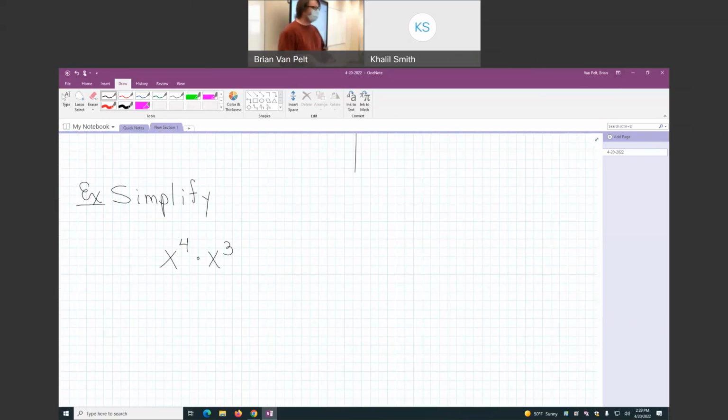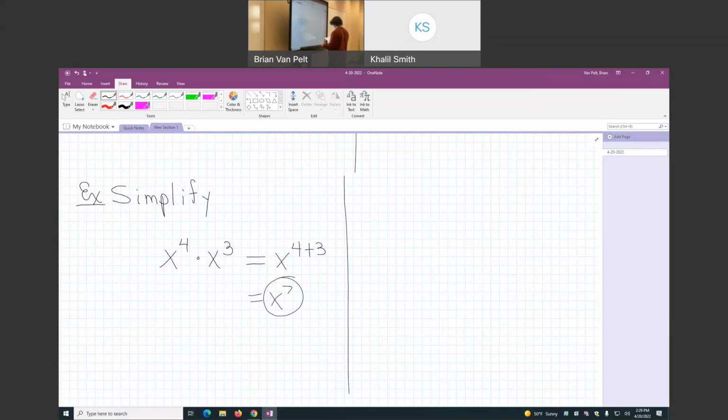So now we're going to drop numbers, a lot of numbers, and we're going to concentrate on the algebra part of this. What did you say? X to the 7th, because you add the 2 exponents. Exactly right. Those are the kind of things they're expecting in this section. How about something like this?